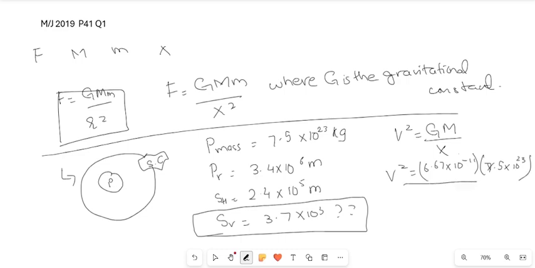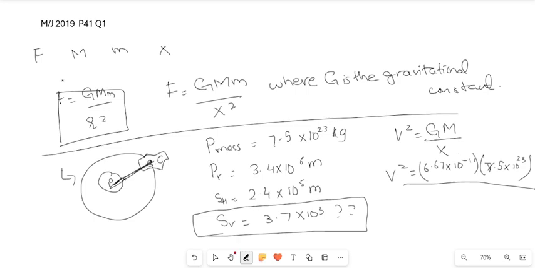Over x. Now what is x? I told you x is not the radius, it's the distance plus the radius. If this is the radius and this is the distance, they have given us the height. We have to add all of this to get x.